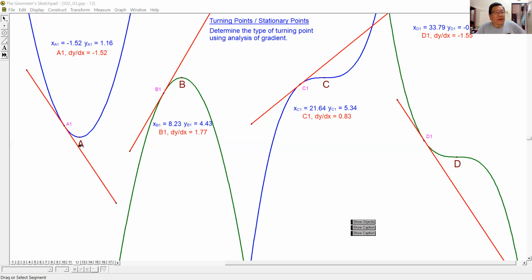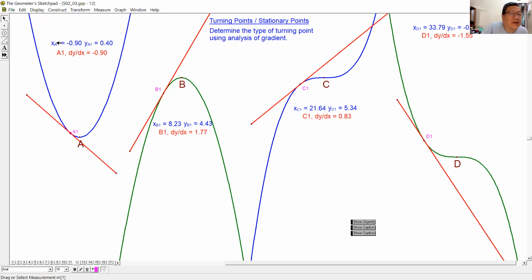Now we look at this curve with point A first. Now I have another point on the curve, I call it A1. A1 is on the left hand side of A, which means that the value of x is smaller than the value of x of the point A. Then I move this point nearer and nearer to A. This is the tangent.